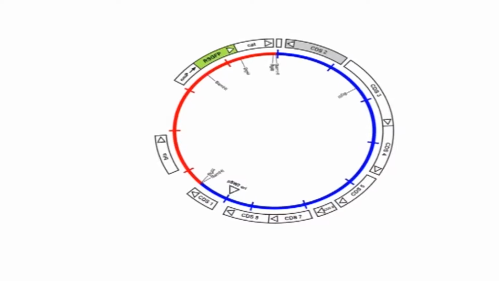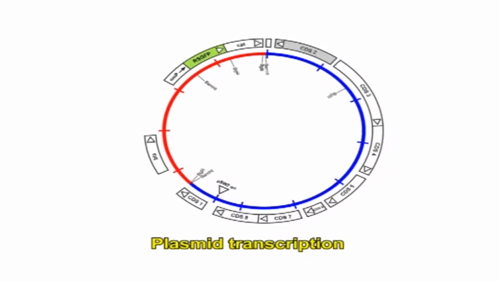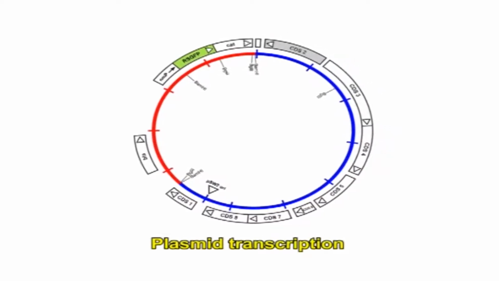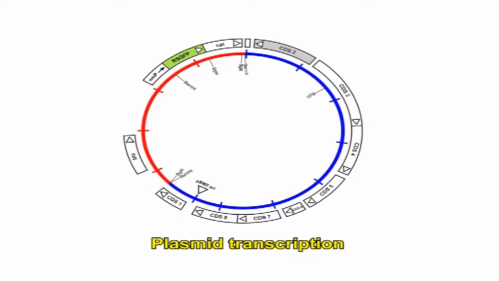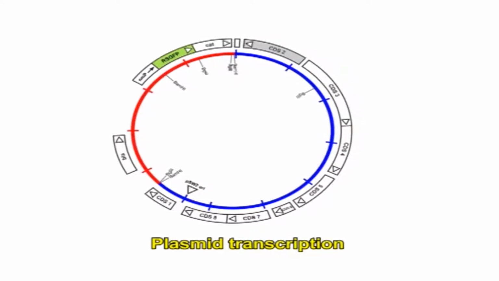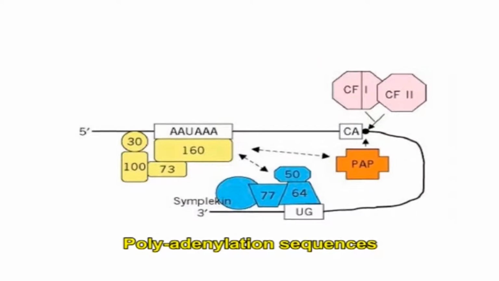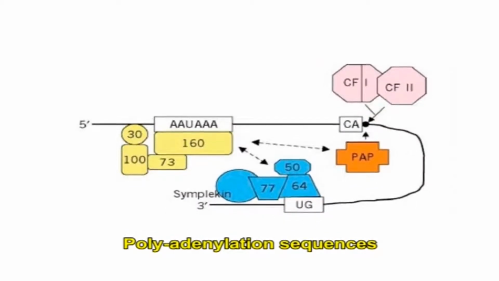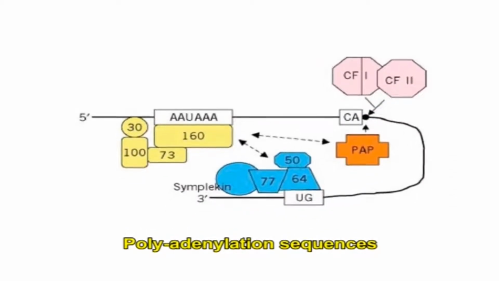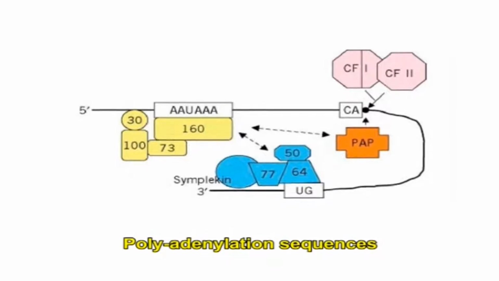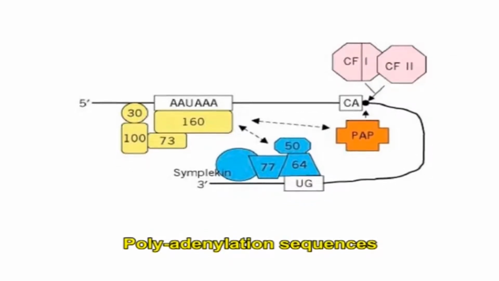Characteristically, this plasmid transcription vector lacks crucial sequences that code for translation termination sequences and polyadenylation sequences in the translated mRNAs. This makes protein expression from the transcription vectors impossible.